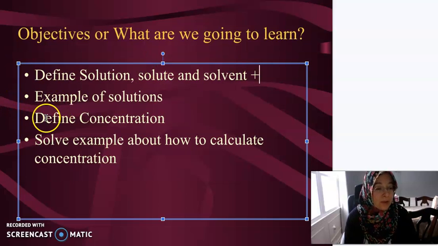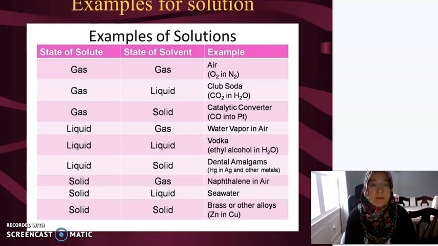Now we will talk about examples of solutions. Remember, solvent is the one in which you are dissolving. Like water is your solvent, okay? Here you can dissolve different states of matter in different forms. Let's say you have air.